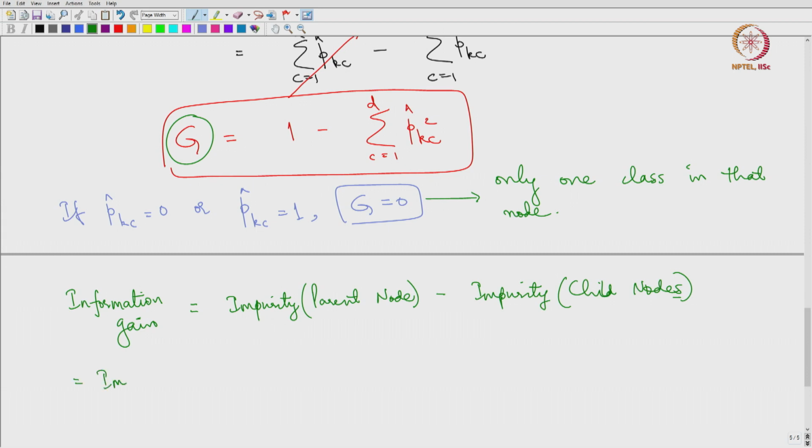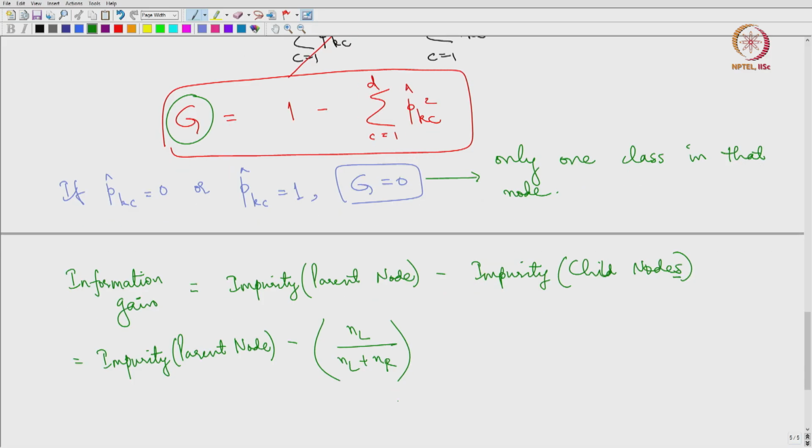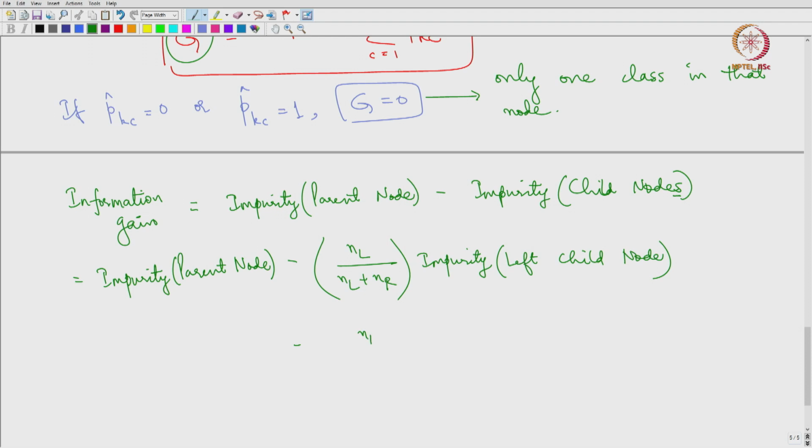So the information gain is the impurity of the parent node minus the fraction of points in the left region, N_L divided by N_L plus N_R, times the impurity of the left child node, and then again minus the weighted impurity of the right child node.